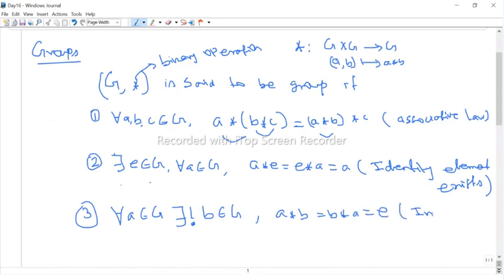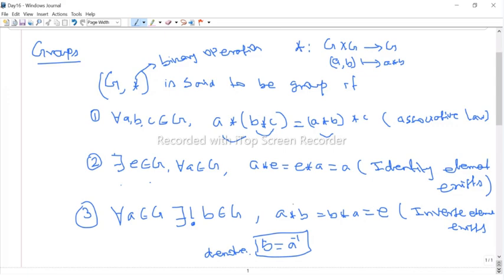This is the notation for unique. So this is called the existence of the inverse element, and this B is called the inverse of A. Sometimes we write B as A inverse. We denote the inverse by A inverse.